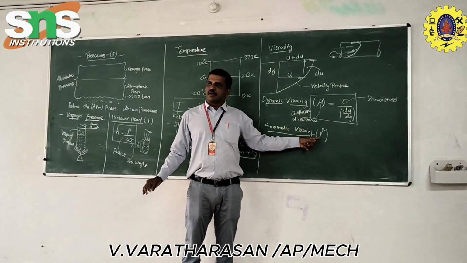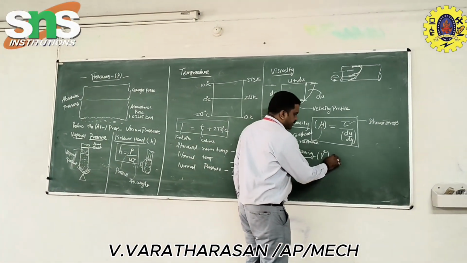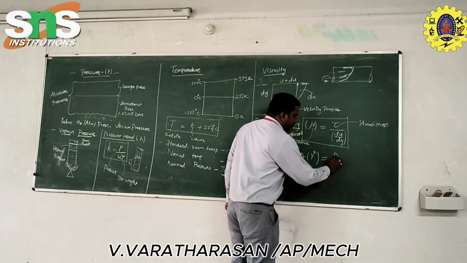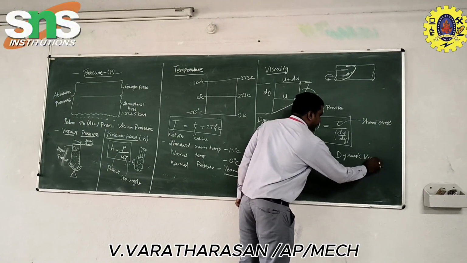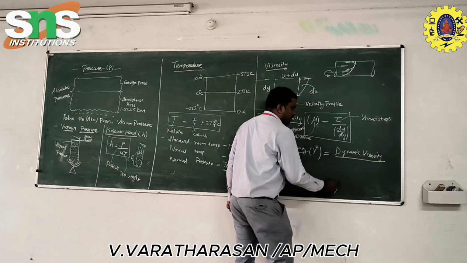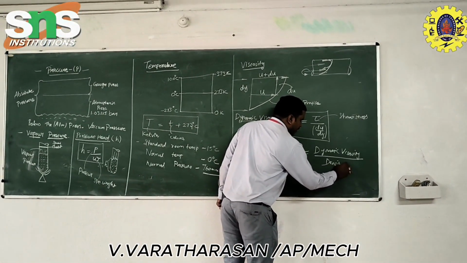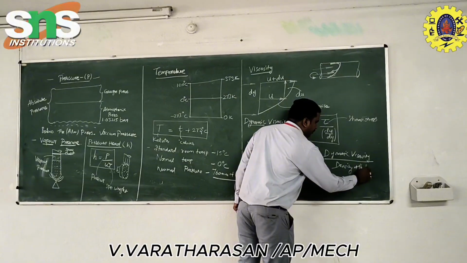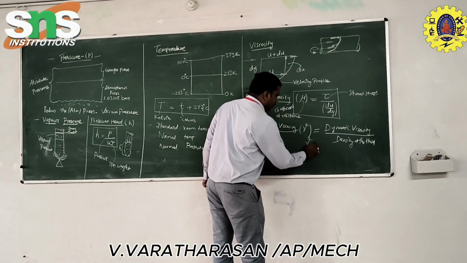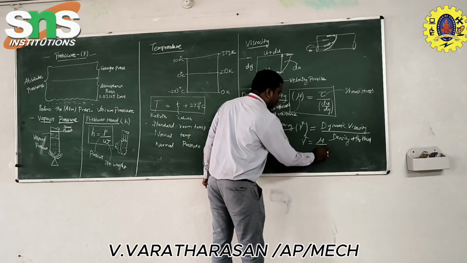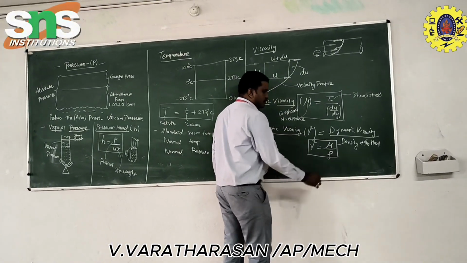Kinematic viscosity is nothing but the dynamic viscosity divided by the density of the fluid. So nu equals mu divided by rho.